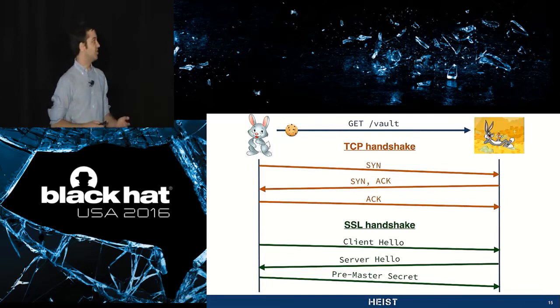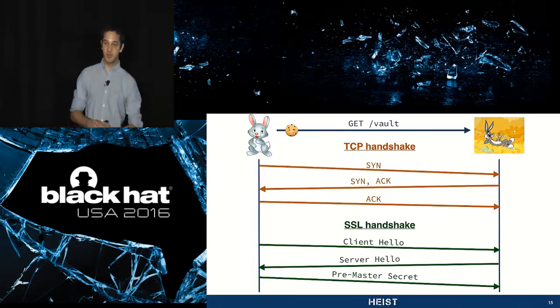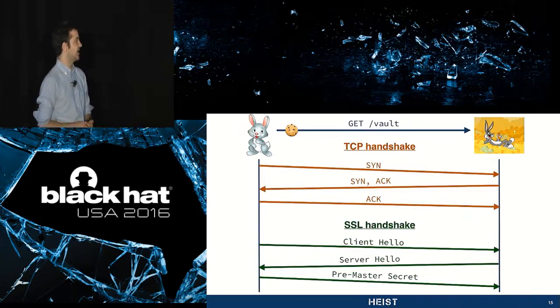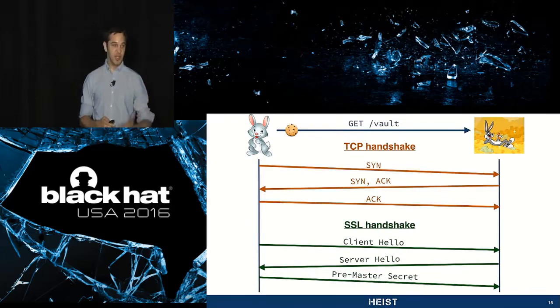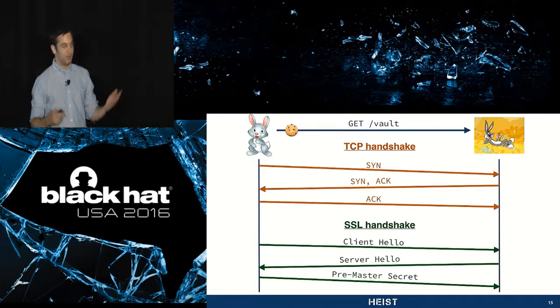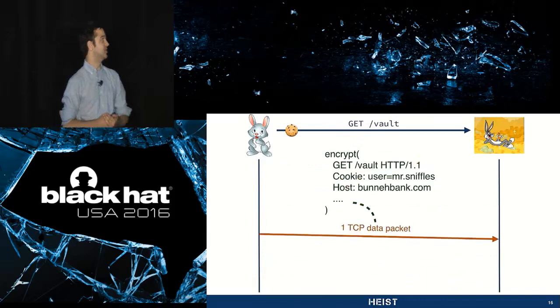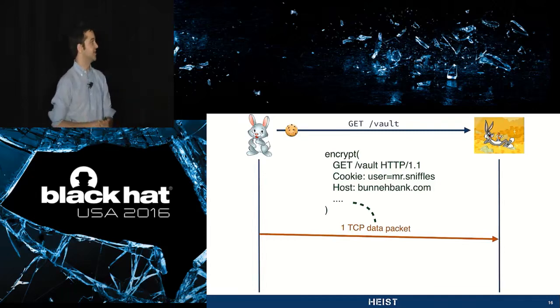This is accomplished by first establishing a TCP handshake. You probably all know these details. Since the bank uses HTTPS, we also first initiate an SSL handshake, so we have an SSL connection. Once this secure connection has been established, the browser will send an HTTP request, and it will be encrypted using SSL.